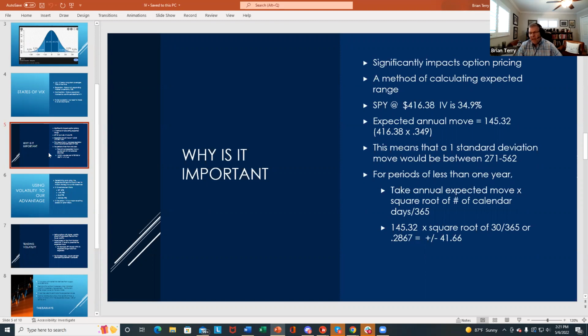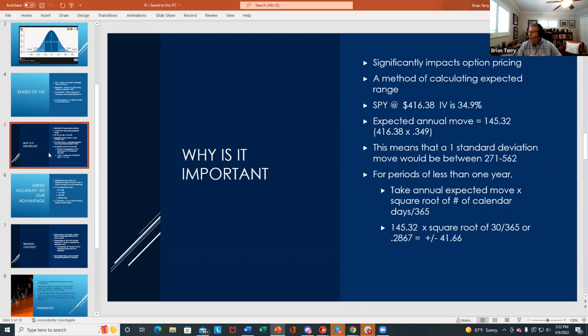And that means that over the course of a year, the S&P or the SPY would be expected to move up or down 145 points. So that means the cone of expectancy would be between 271 and 562. So that's a big range, right? And it's a lot driven by a higher implied volatility.